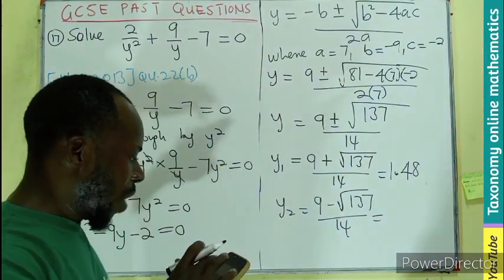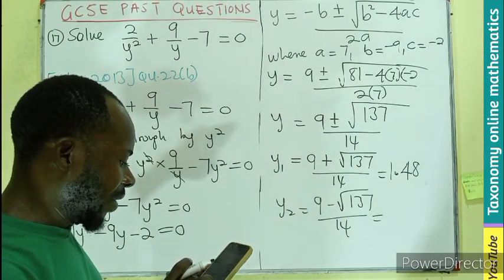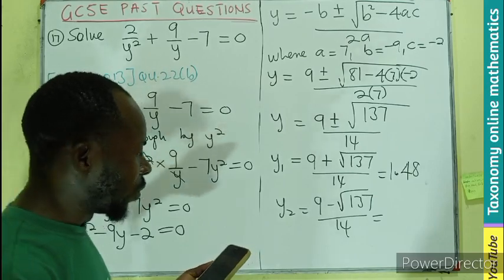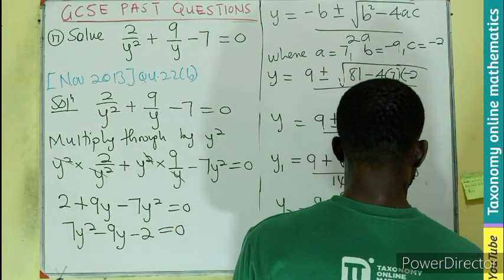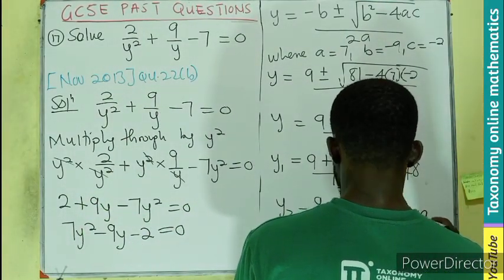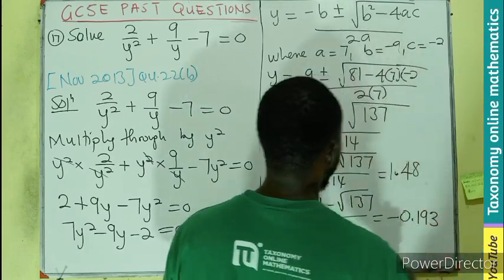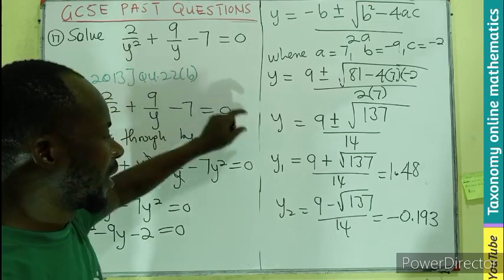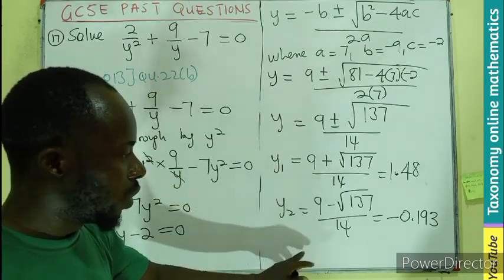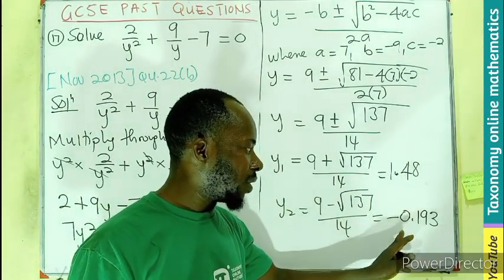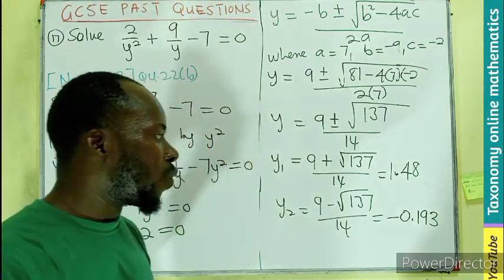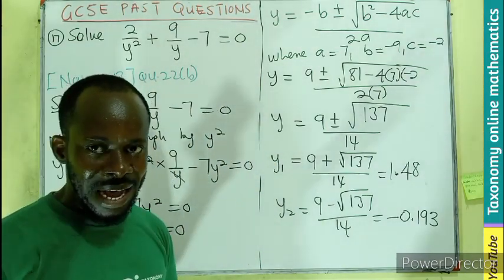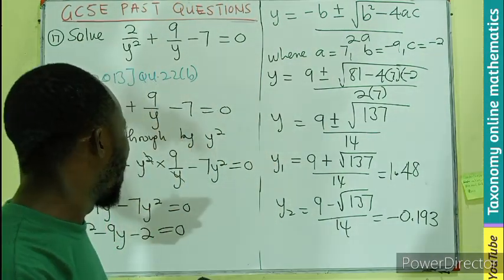Then for the second y value, where the negative takes effect, it gives us negative 0.193 to 3 significant figures. So the value of y is going to be these two values, which will be 1.48 or negative 0.193. I guess the concept is clear.